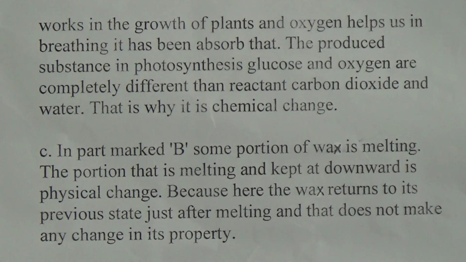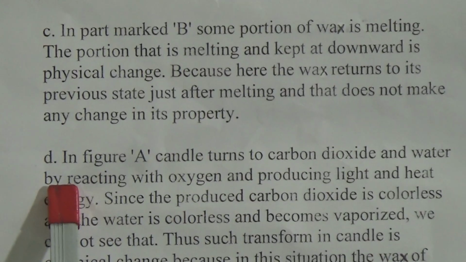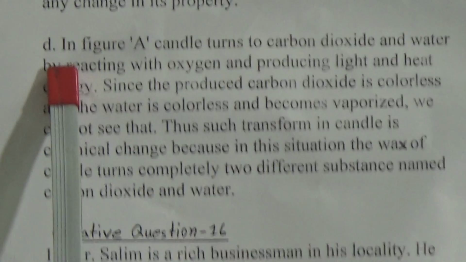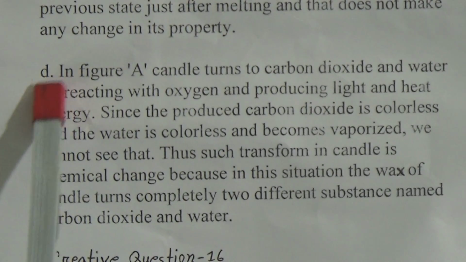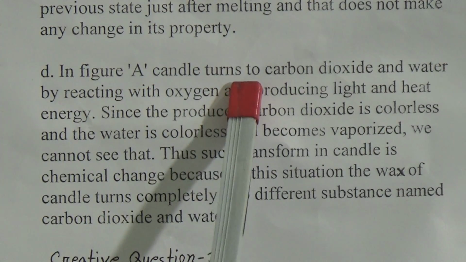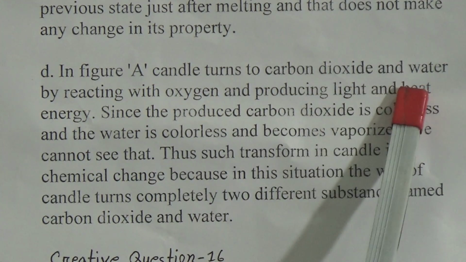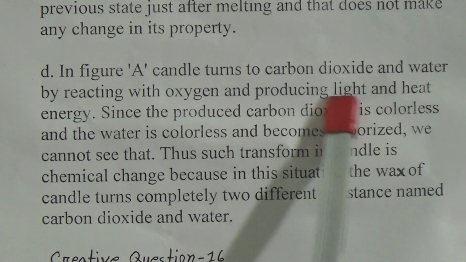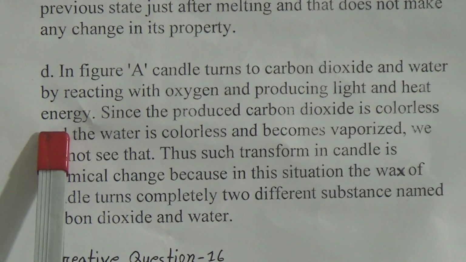Now the D number answer. The D number question was, give argument whether physical or chemical change occurred in figure A. The answer is, in figure A, the candle turns to carbon dioxide and water by reacting with oxygen and producing light and heat energy.